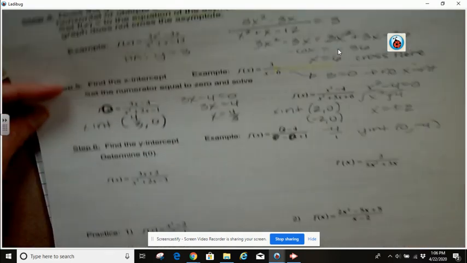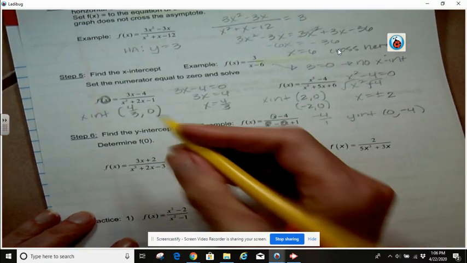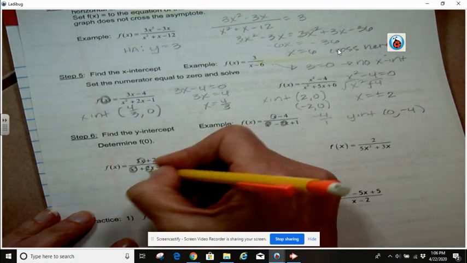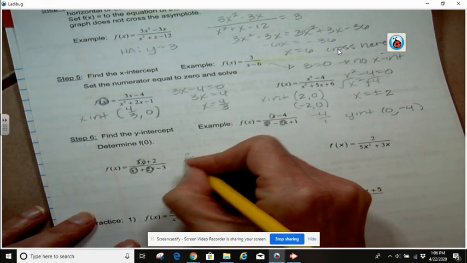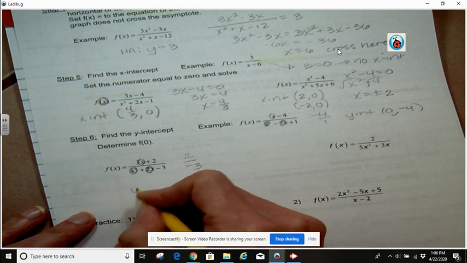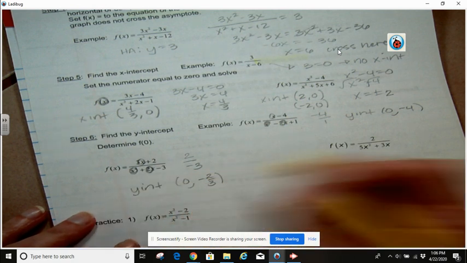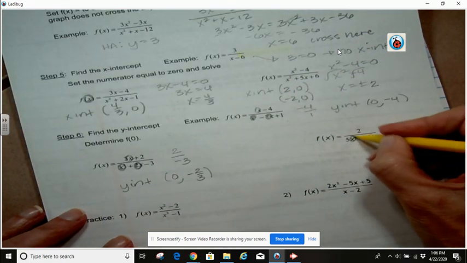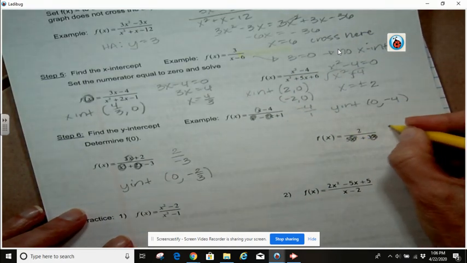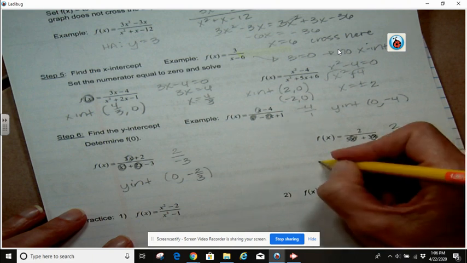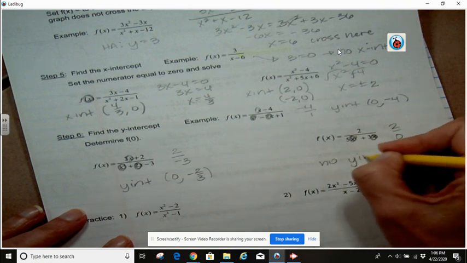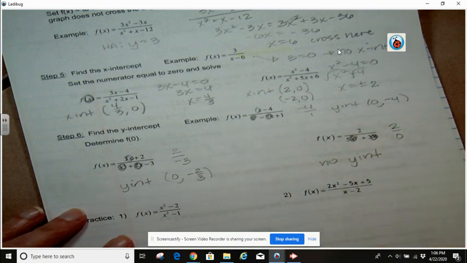You should be able to just look at that and tell, making all the x's be zeros, so you get 2 over -3. So your y-intercept is the point (0, -2/3). Here, if I make these x's be zeros, I get 2 over 0. So that's undefined. That means there is no y-intercept for that function.